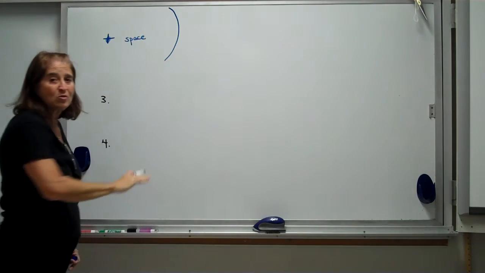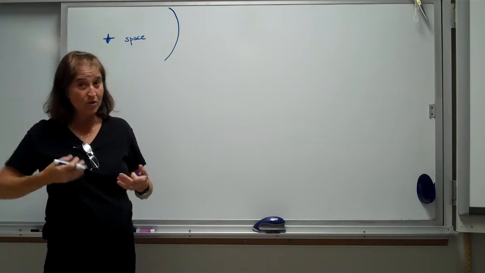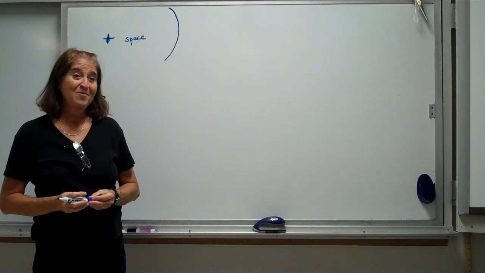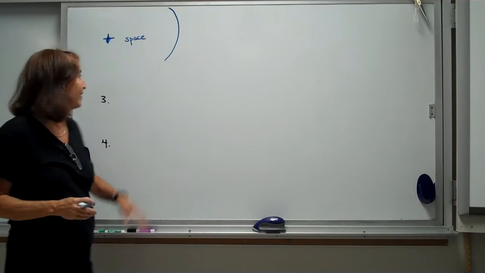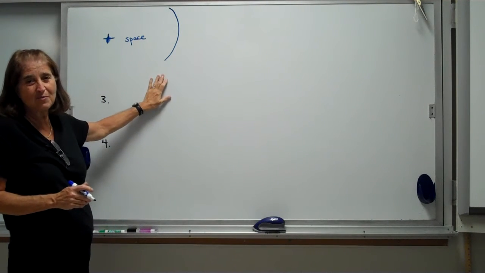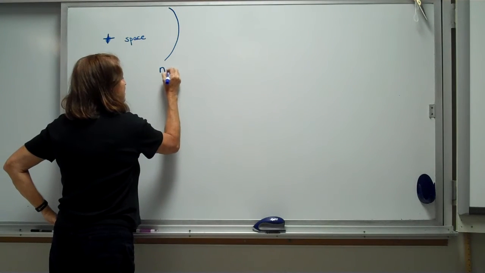Now this is going to be all around the nucleus in 3D. But since I'm on the board, I'm not even going to draw a complete circle. I don't want to go that big, just a little line here to represent a certain distance from the nucleus. And here, n is equal to 1.